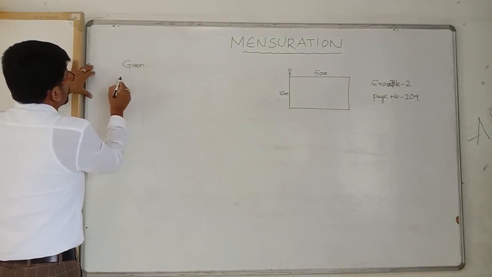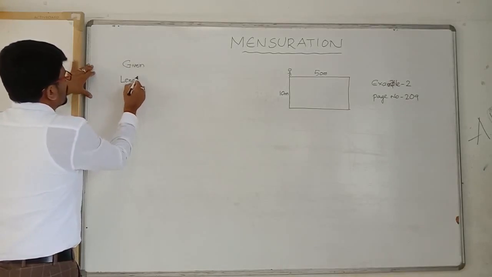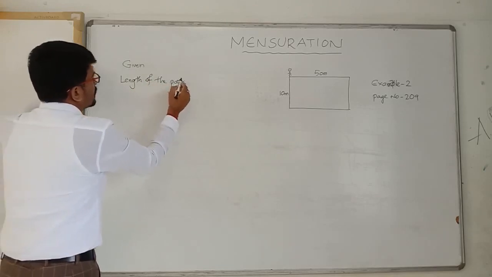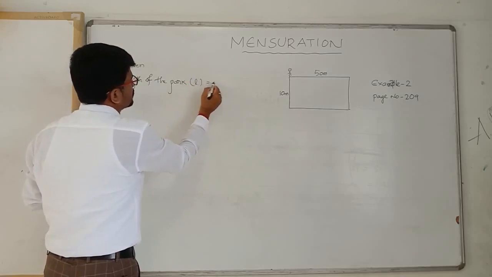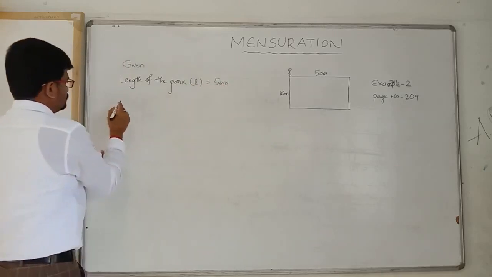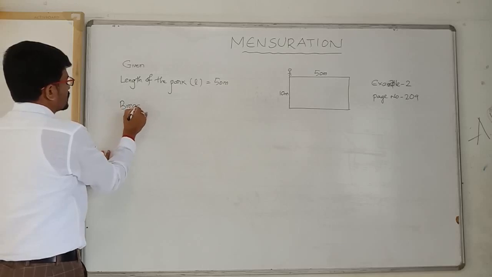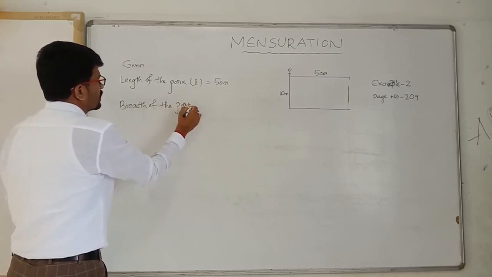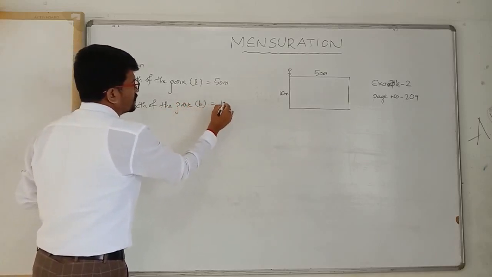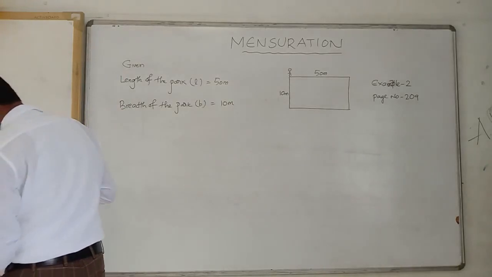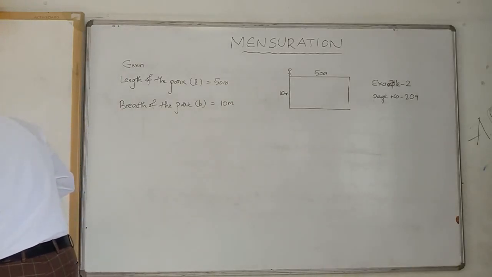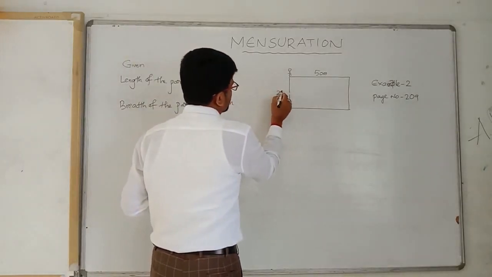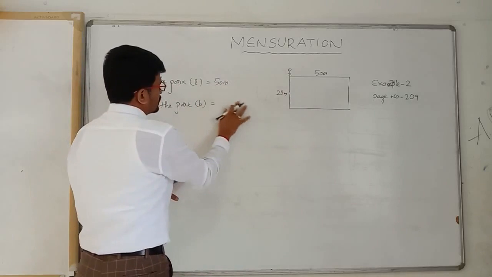Given: length of the park, L is equal to 50 meters. Breadth of the park, B is equal to 25 meters.